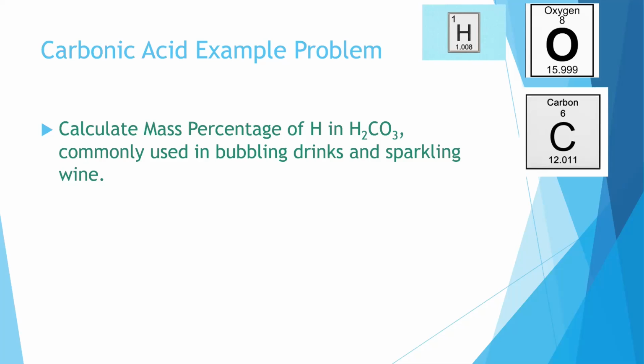I know this one's pretty much harder than the previous one, since the total mass would be a little larger. One thing I'd like to caution about is make sure to keep track of these subscripts, this 2 and this 3.